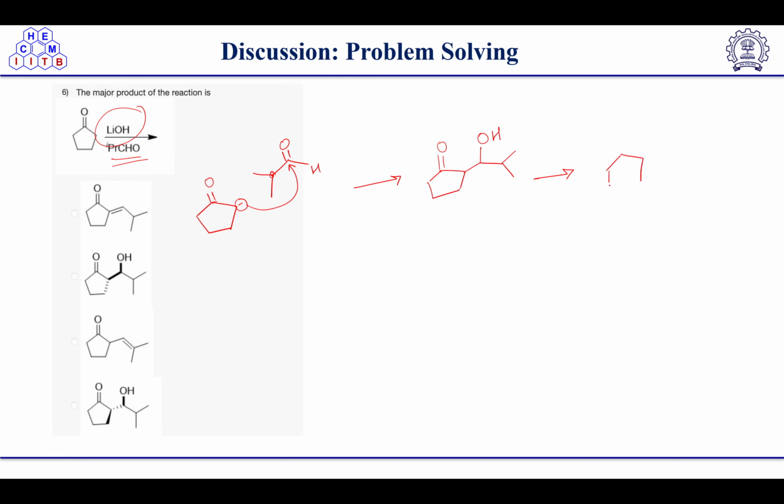But if the condensation takes place, that time it will form this as a product. Got it? Yeah, option 1 is the condensed product. And option number 2 is the aldol reaction product.